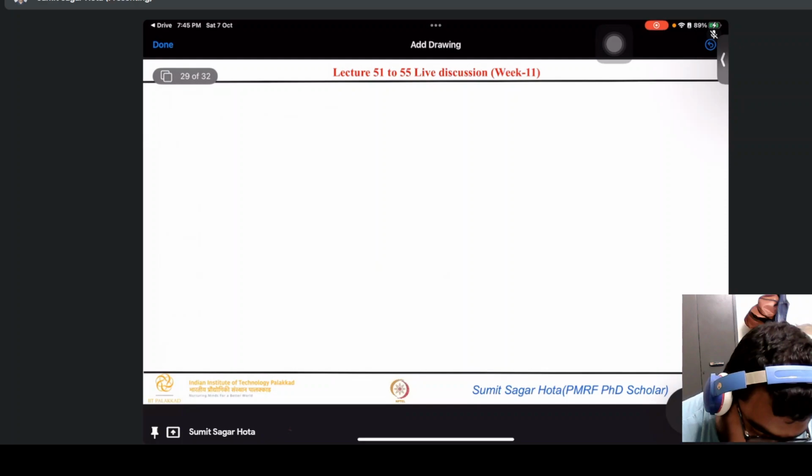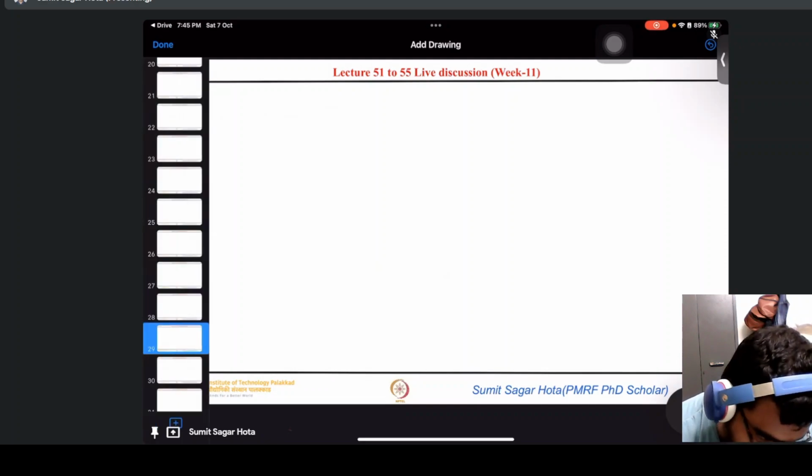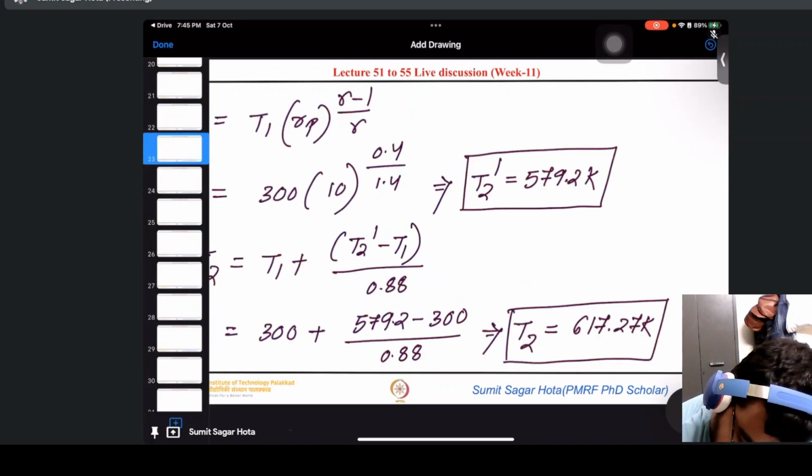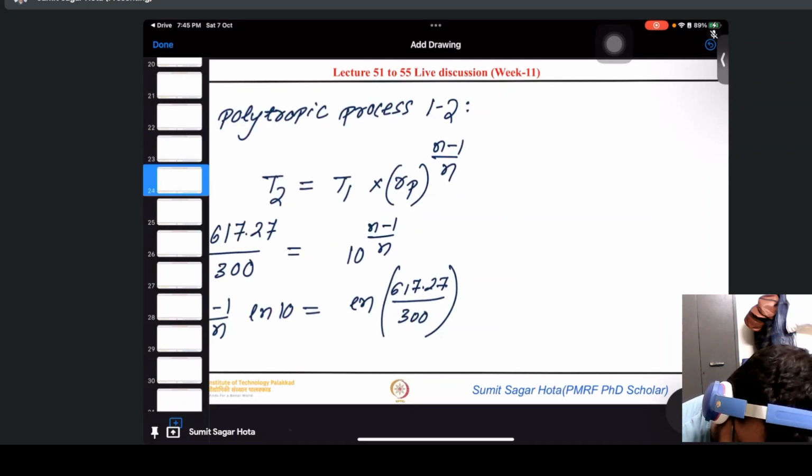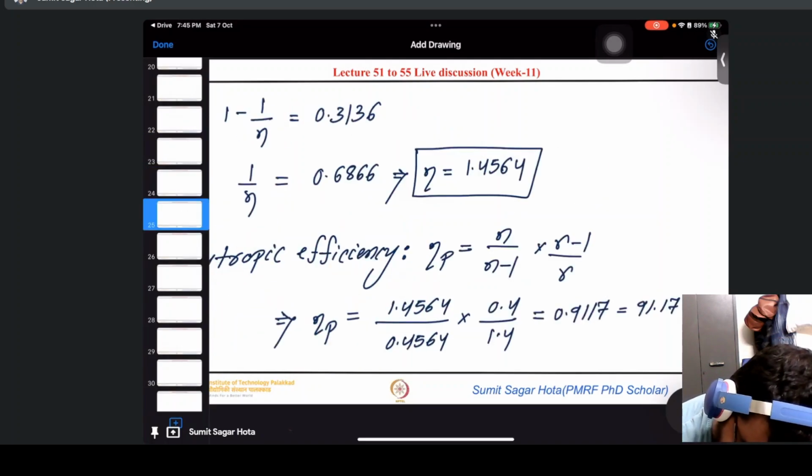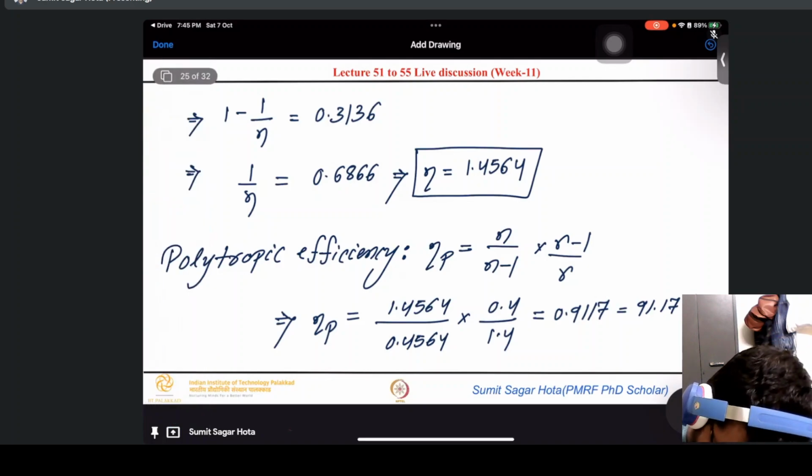So blade height at the first stage they want to know. Okay, so number of stages is the second bit, third bit answer. The stagnation polytropic efficiency, here is that thing. Okay, 91.97.